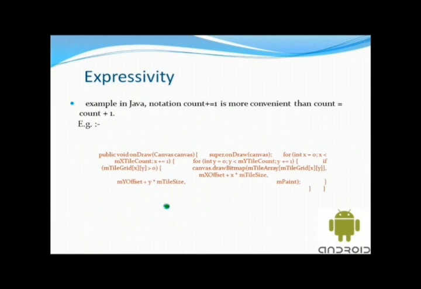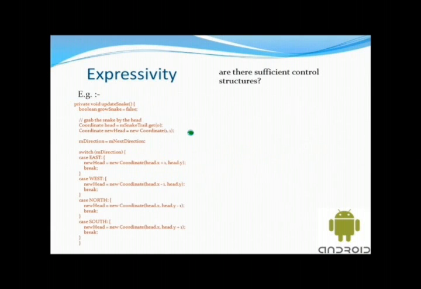Another example is notation: count += 1 is more convenient than count = count + 1. We can also see that in our application. In a for loop they use y += 1. Another example is that they use boolean type data.